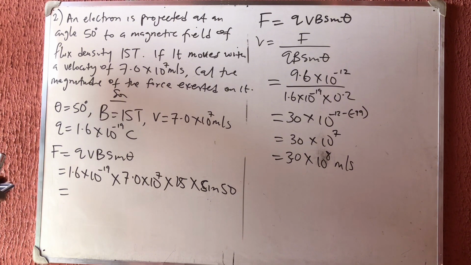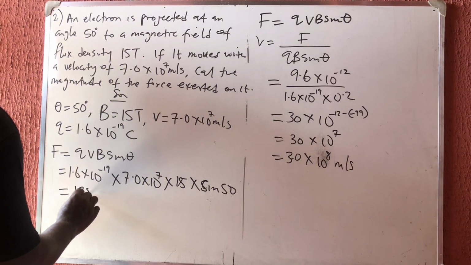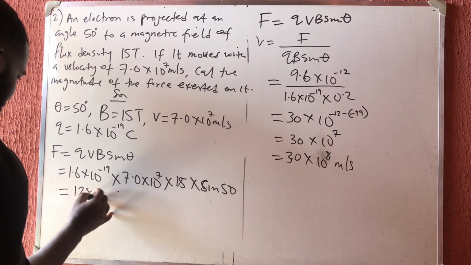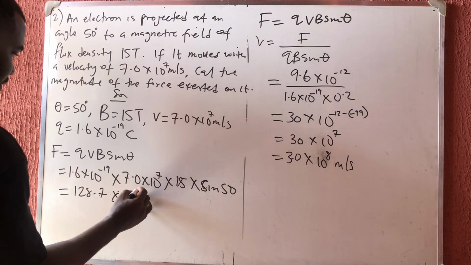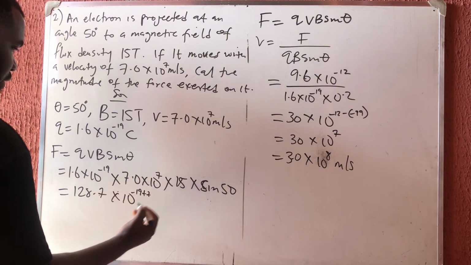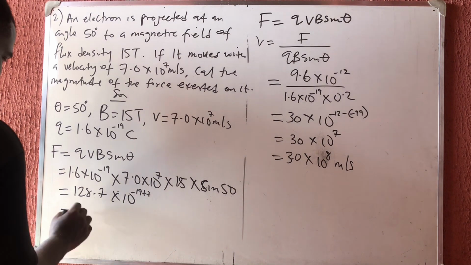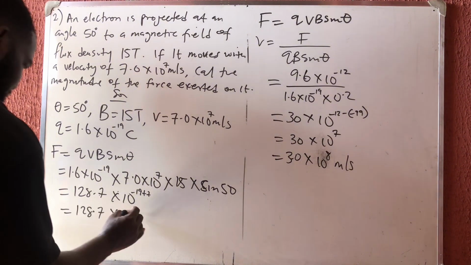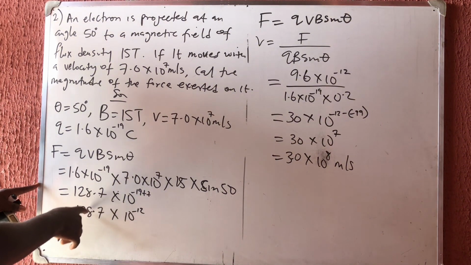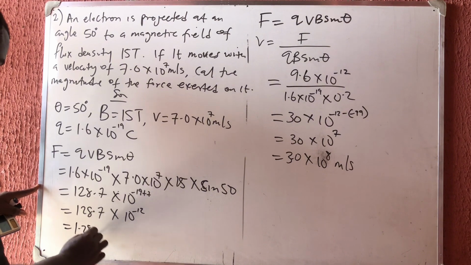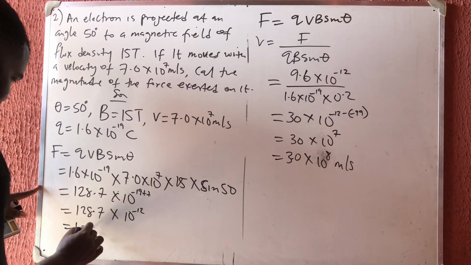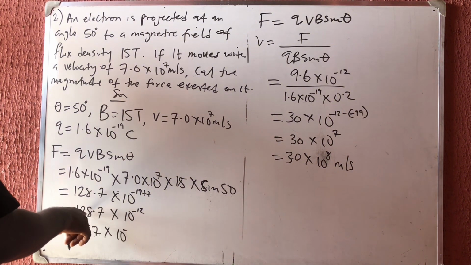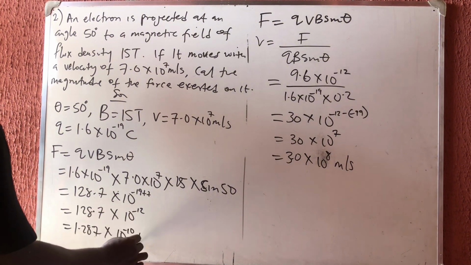Okay, I have 128.695, so let me use 128.7, times 10 raised to power minus 19 plus 7 according to indices. So I'm going to have 128.7 times 10 raised to power minus 12. If this moves 1, 2, I'm going to have 1.287 times 10 raised to power minus 10, in Newton.